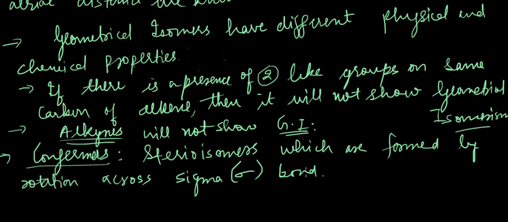Obviously, do we always need to have a carbon atom for a compound to show geometrical isomerism?